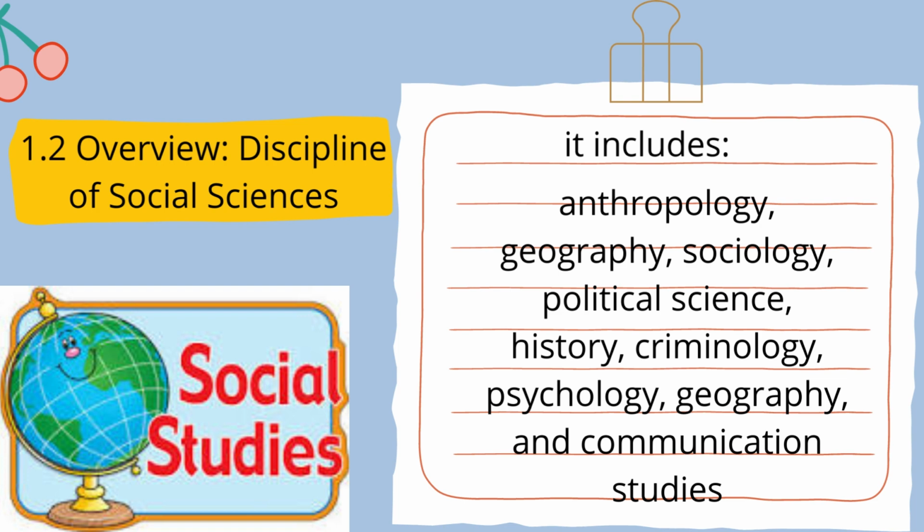I think you have an idea what is sociology, and political science, also history, and you are familiar with criminology, psychology, and communication studies. So yan nakapaloob. Matatamaan ni social science itong mga terms na nandito. Okay?